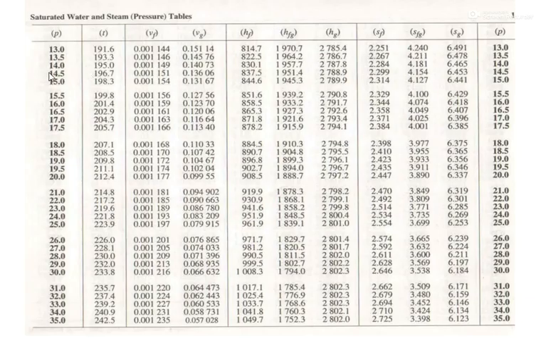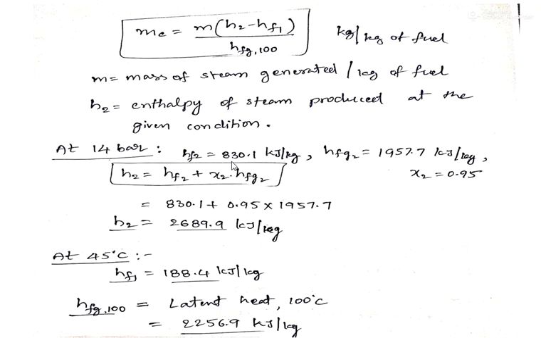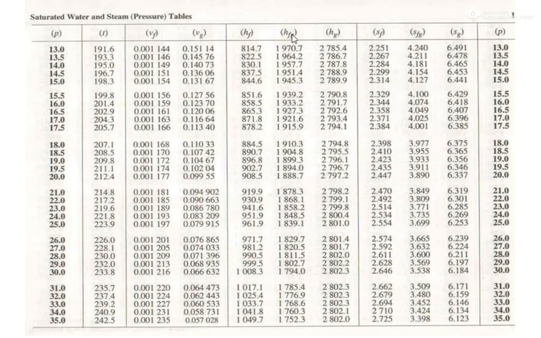At 14 bar, Hf is 830.1, and these values are given in kilojoules per kg. At the same 14 bar, the Hfg value is 1957.7.